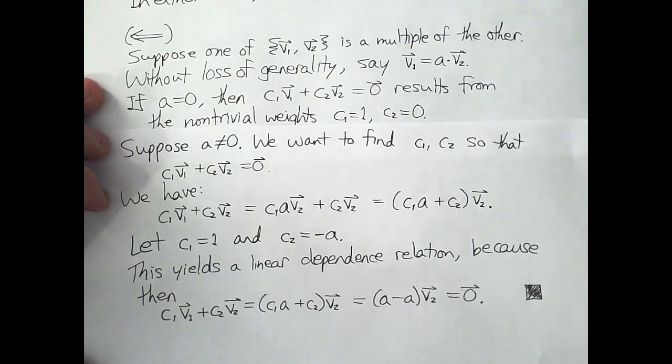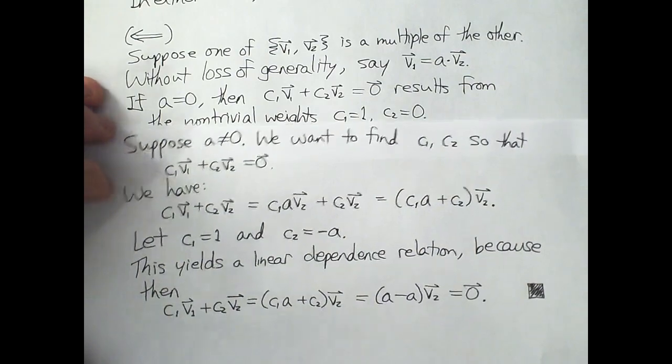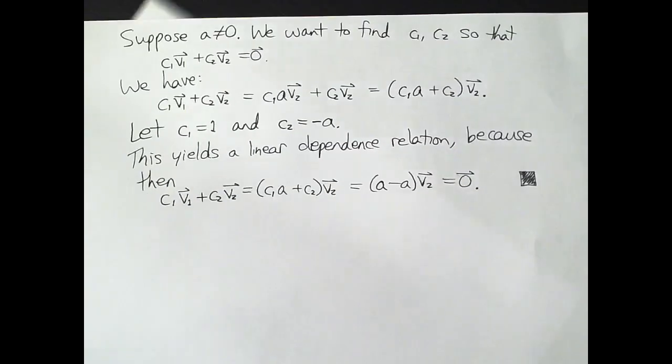There might be a different C1 and C2 that you could choose. Just make sure they're not both 0. Maybe instead of the C1 and C2 that I chose, you decide to do -1 and positive A. I think that would work. -1 and positive A would also be a linear dependence relation, and there might be other ones too.